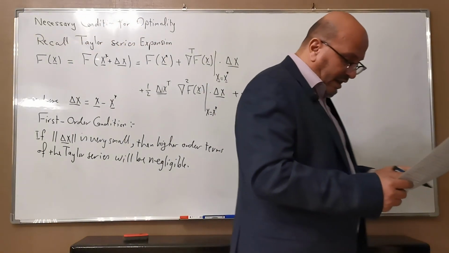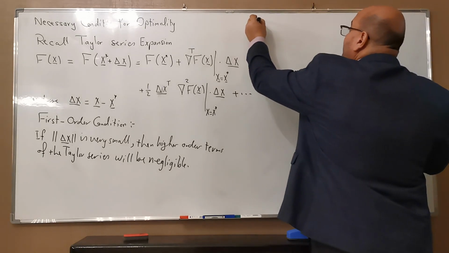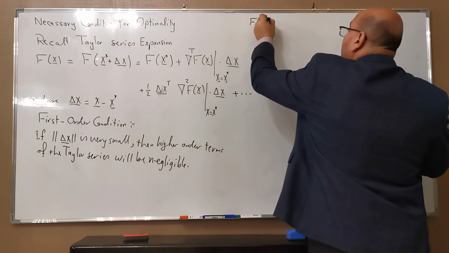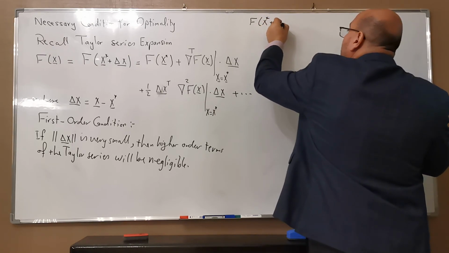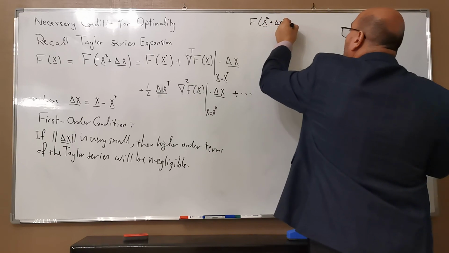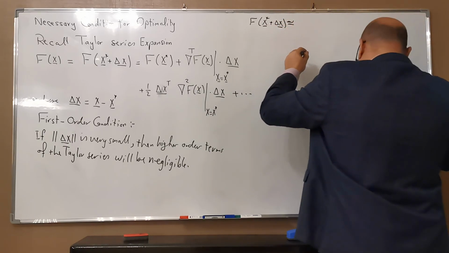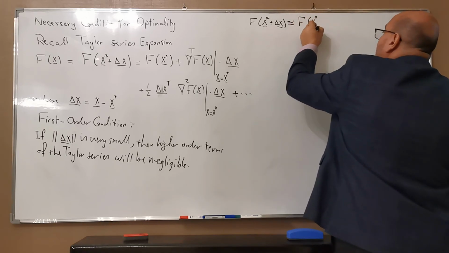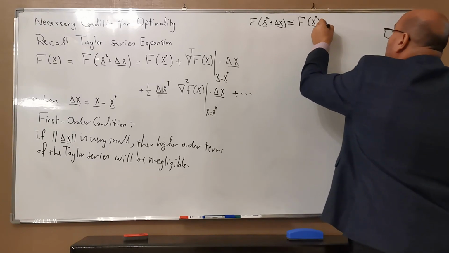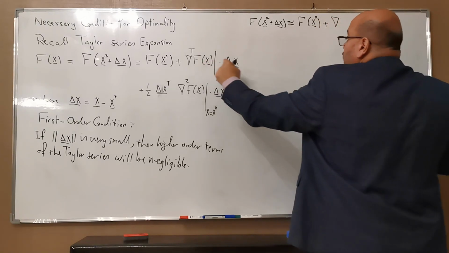So we can approximate f of x star plus delta x to be approximately equal to f of x star plus the first order term, which is this one here.